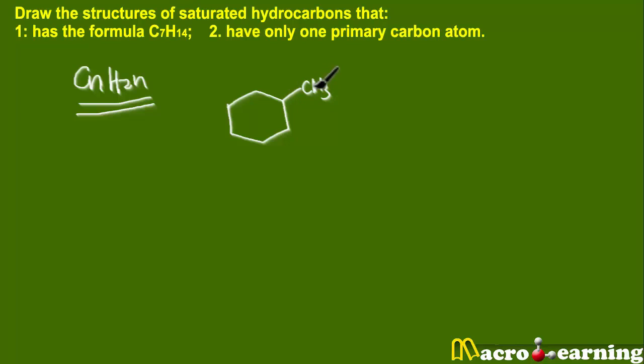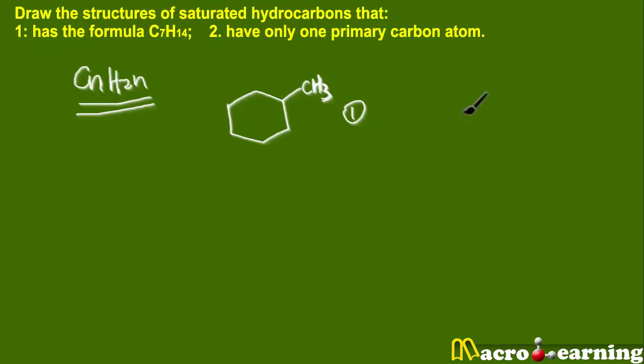We can draw out the methyl group like that. That's one structure that we got, and then we can work our way down and decrease the size of the ring by one carbon at a time. That's the only possibility for a 6-member ring based structure that meets both of these criteria.